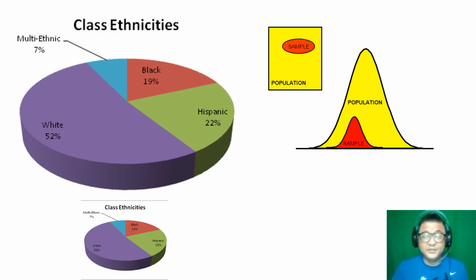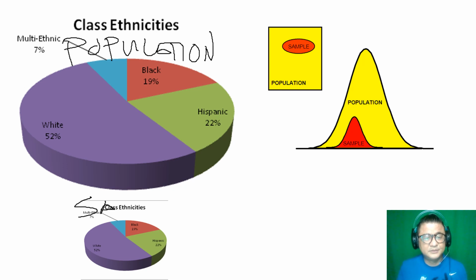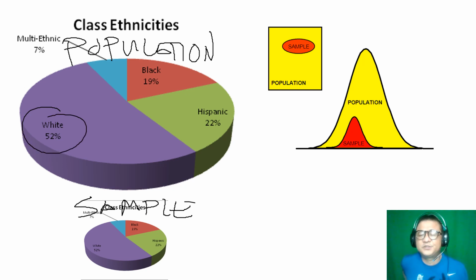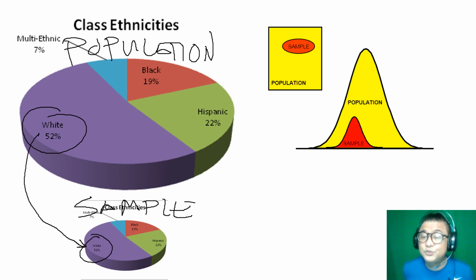The diagram here will tell you how to select or make a good sample. For example, if this is your population and this is your sample, suppose in your population, about 50% or 52% are white. So in your sample, half of your sample should also be white.